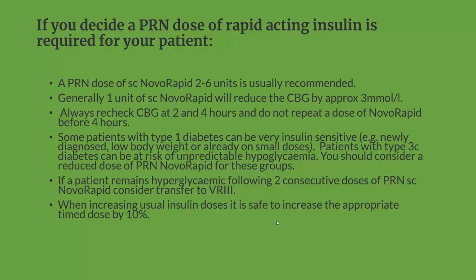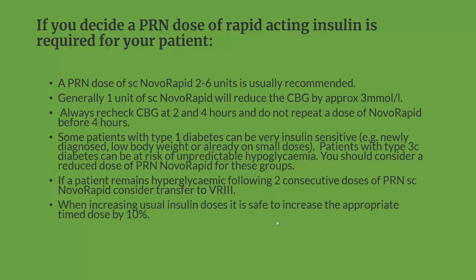How do you decide? So this is how you decide. Generally, not for everybody, but for a person who has reasonable insulin sensitivity, 1 unit of NovaRapid will bring down your blood glucose by 3 millimoles. So now you've got a patient whose blood glucose is 24. You want to bring it down to 8. So what's the difference? It's 16 millimoles.